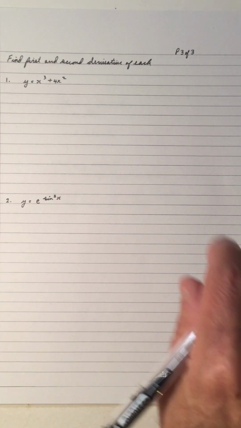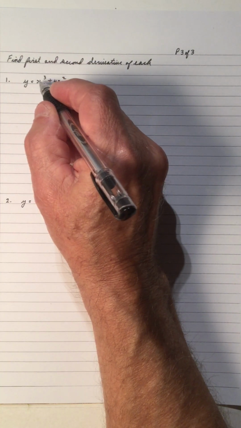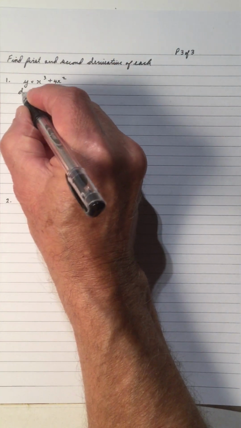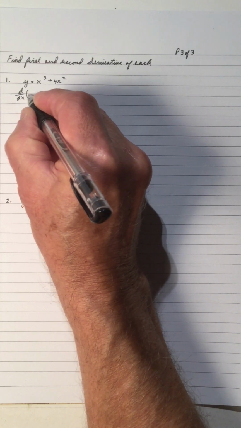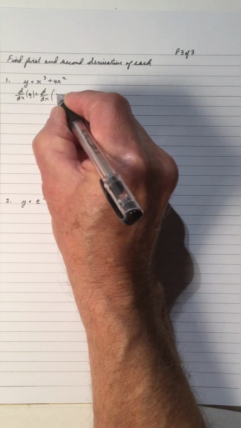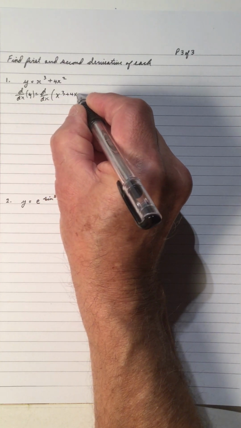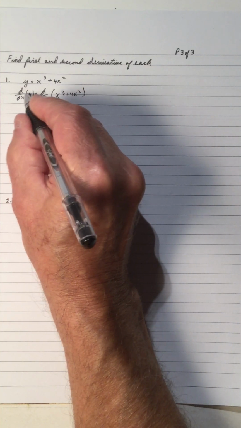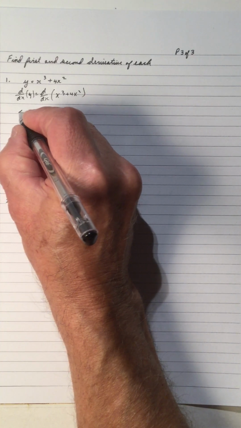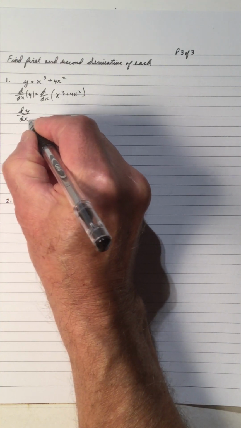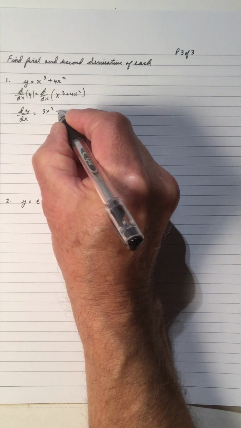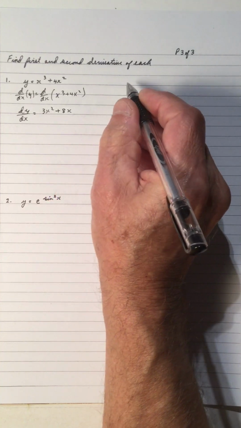Find the first and second derivative of each. So y equals x cubed plus 4x squared. The first derivative is d/dx of each side. And now the shortcut, instead of writing it down dy over dx, just go dy/dx, and the derivative in terms of x is 3x squared plus 8x.